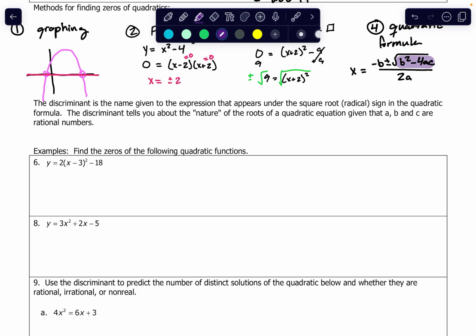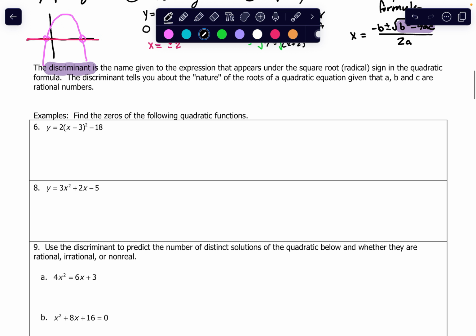So like I just talked about, the discriminant kind of tells you what kind of solutions you're going to have. Let's break this down. So b squared minus 4ac. There's kind of three cases here. One, if the discriminant is greater than 0, it has two real solutions.